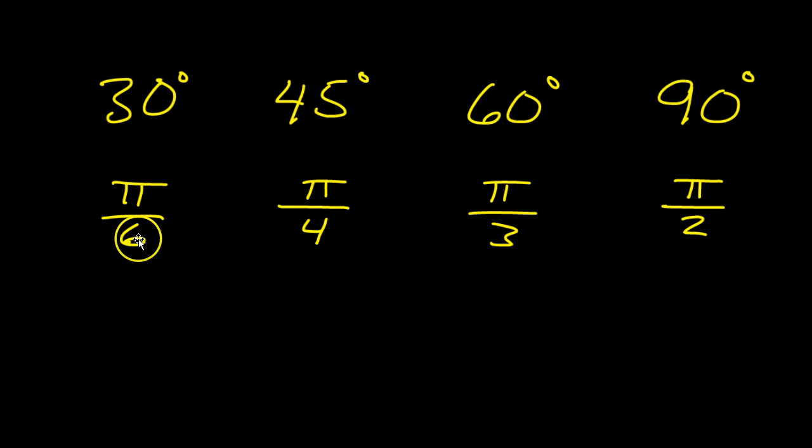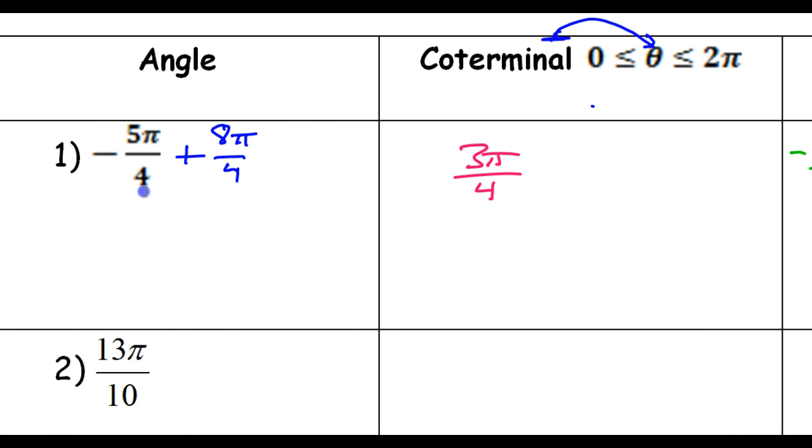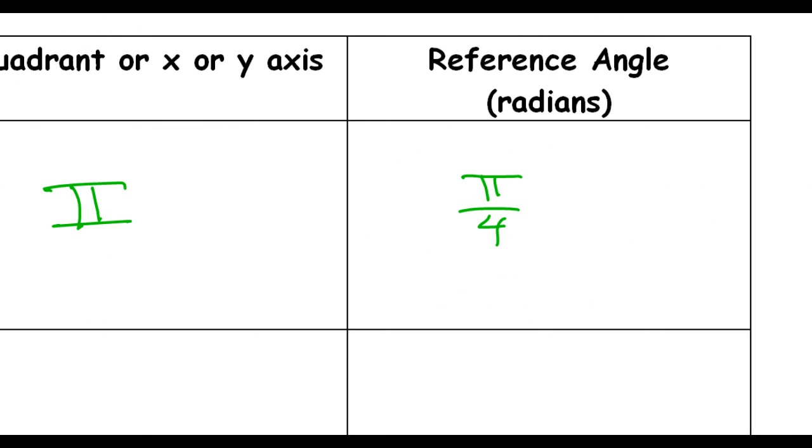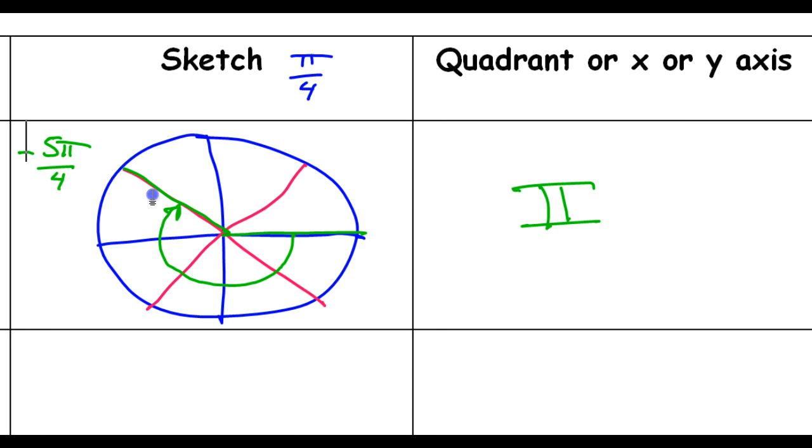But if you see any of these denominators, 6, 4, or 3, you know that the reference angles will simply be pi over 3, pi over 4, or pi over 6. So as soon as I saw that this was over 4, I immediately knew the reference angle would be simply pi over 4. So when you look at the sketch, of course, you can see the reference angle right there, and it is in fact pi over 4.